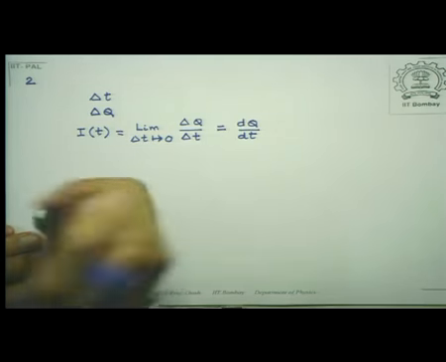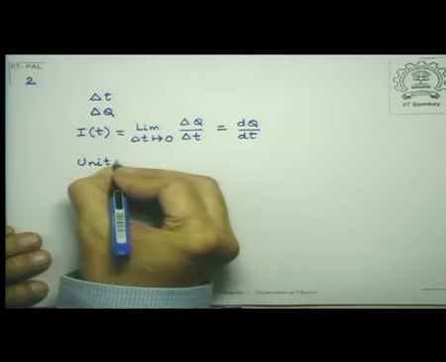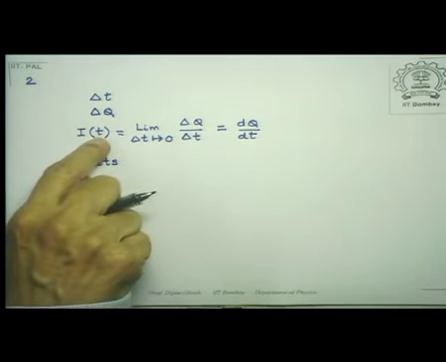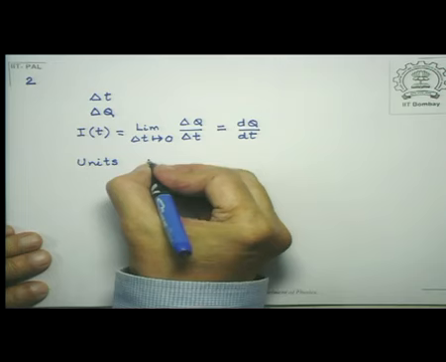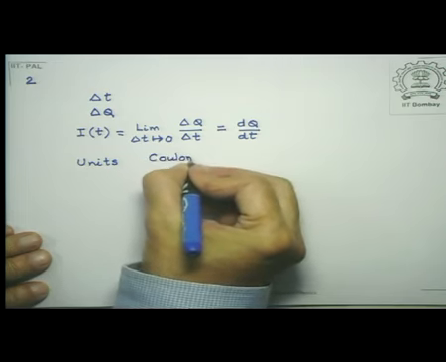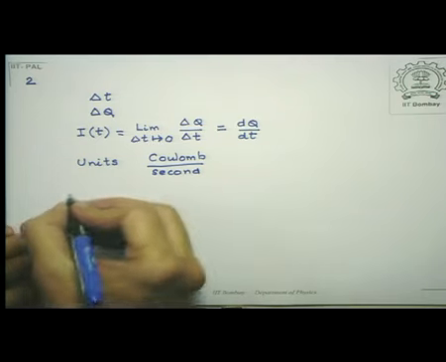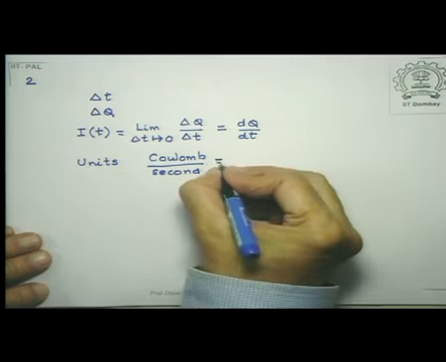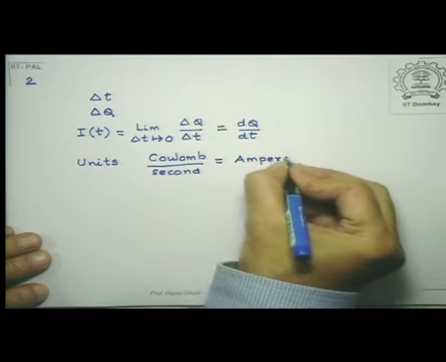Let us look at what the units of current are. Note that current is defined as charge divided by time. Therefore, obviously the unit that I expect is coulomb per second. This is given the name ampere.